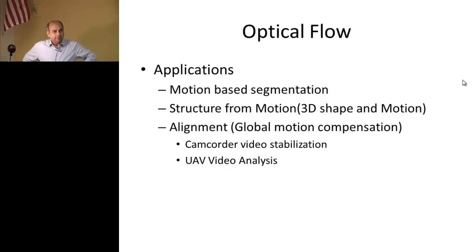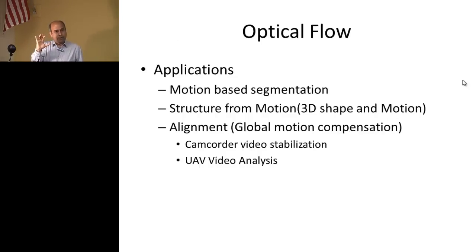Another good application of optical flow is that you can come up with the global alignment of the video. Say you get a video from a UAV, an unmanned aerial vehicle, moving, and there are objects moving, cars moving, people moving. So there are two motions: one is the motion of the camera and the other is the motion of objects.